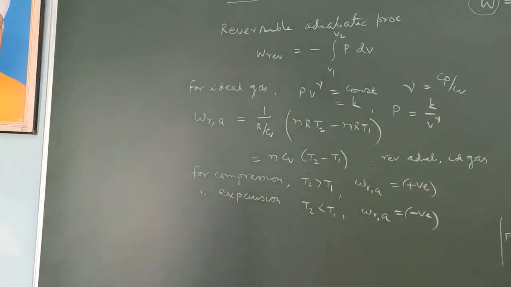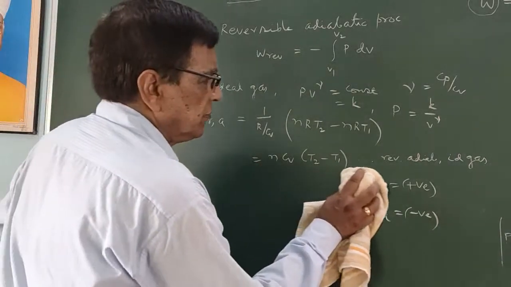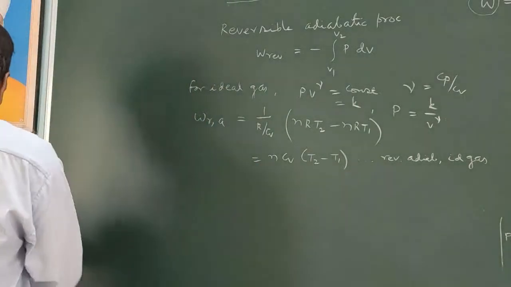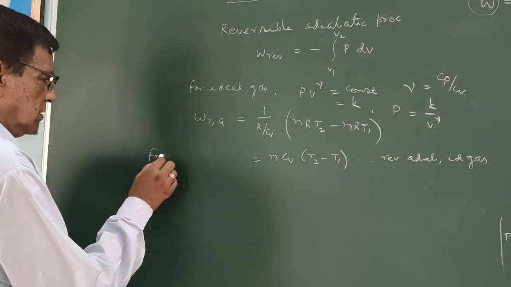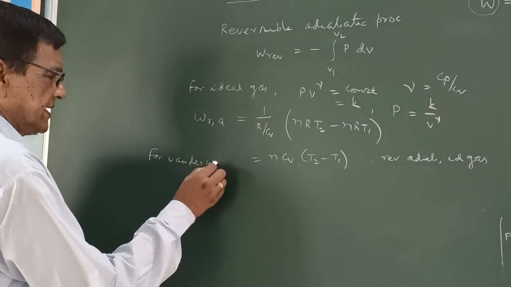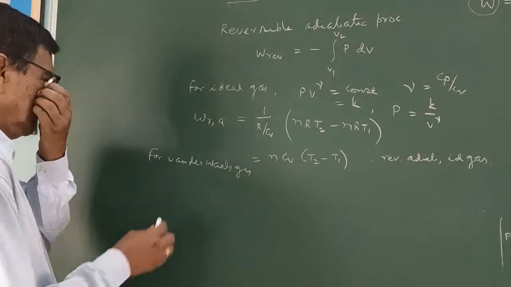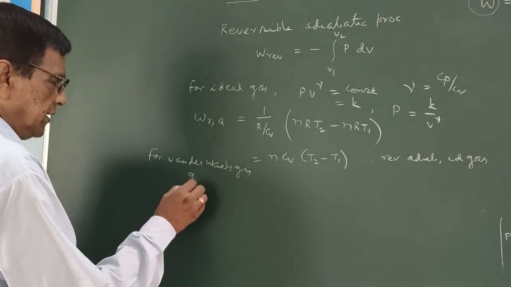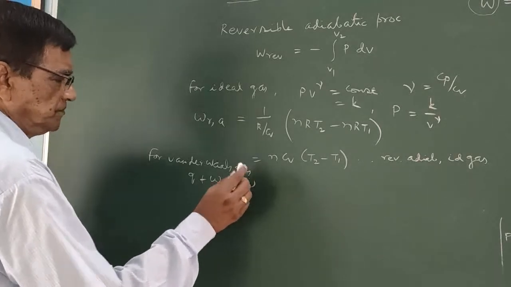So these are the expressions. If we consider the Van der Waals gas, we have the first law, Q plus W equal to dU.